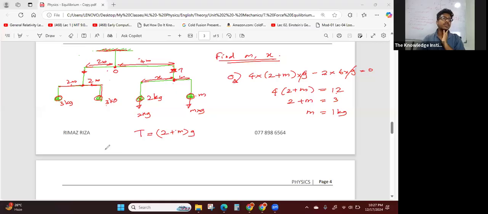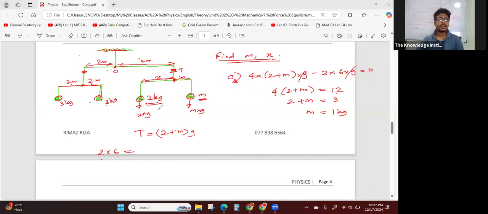So 2 into 6 equals 4 into how much? 2 into 6 is 12. So 4 into which number gives 12? We know the factors of 12 are 2, 3, 4. So here 4 means this total mass should be 3. So here 2 kilogram. Therefore this one has to be 1 kilogram. So m is 1 kilogram.